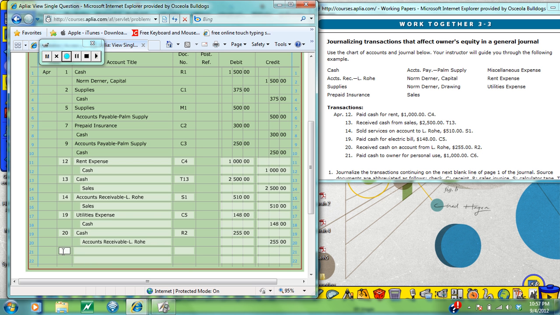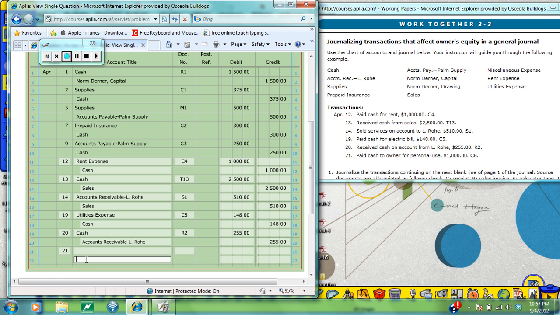Then on the 21st, we paid cash to owner for personal use. Sometimes an owner will put so much money into their business that they have to remove part of their equity in their company. They have to keep it separate. They can't just take the company check and write a check for their personal stuff, like they need gas in their car to go to town to buy groceries. You can't do that. You have to remove your equity from the company.